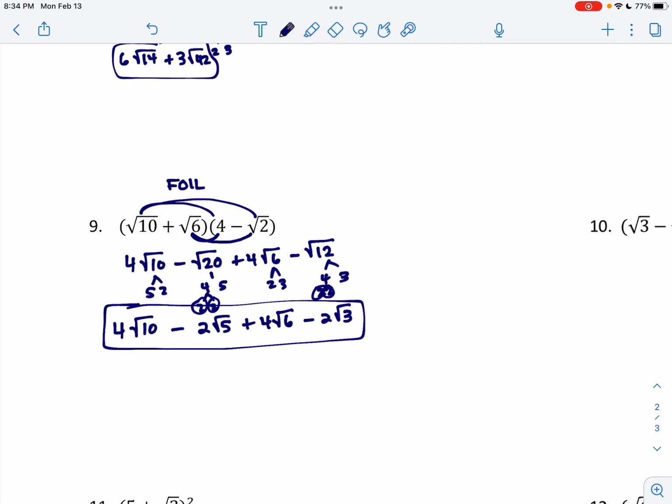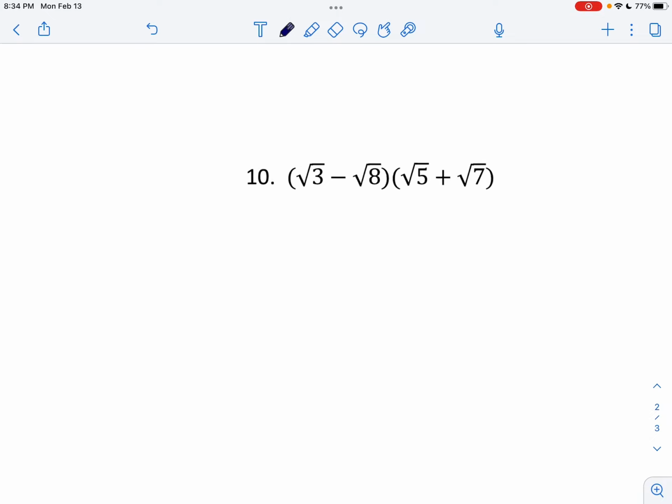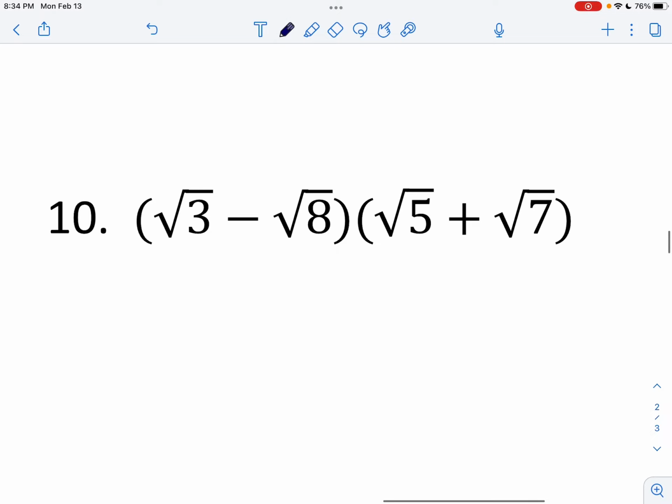All right, I want you to pause it and see if you can do number 10. I'm going to write in the answer to number 10. I want you to see if you can get that answer.